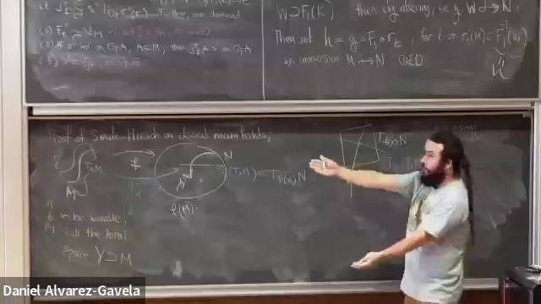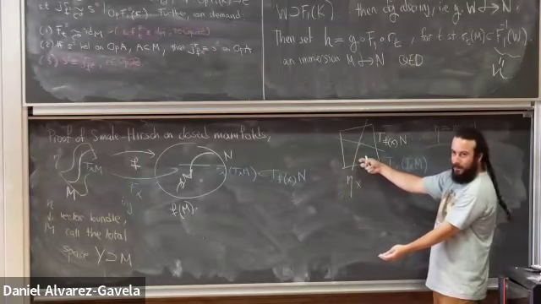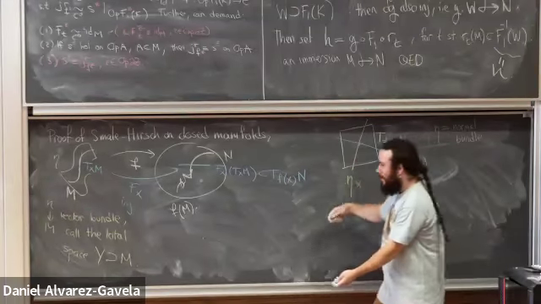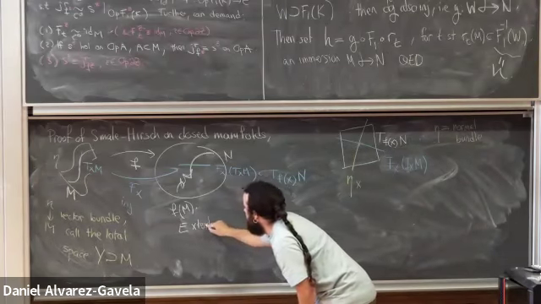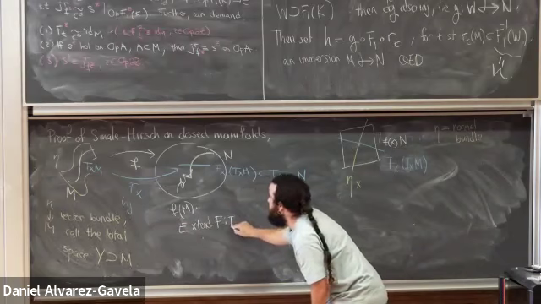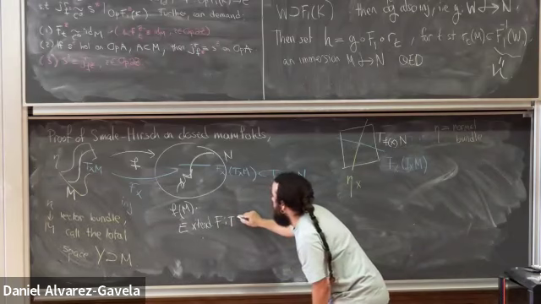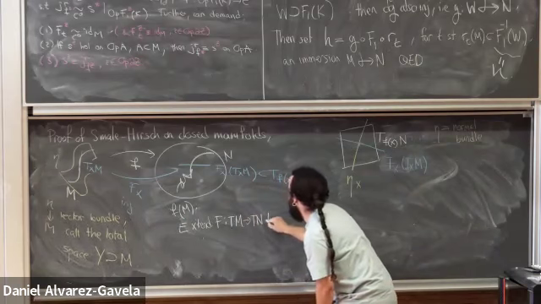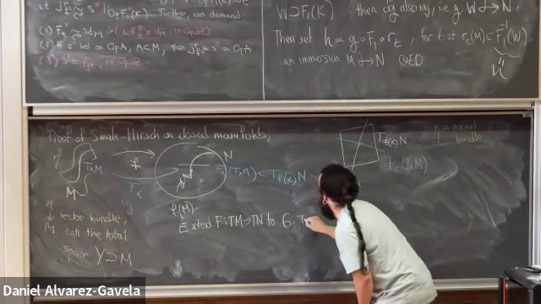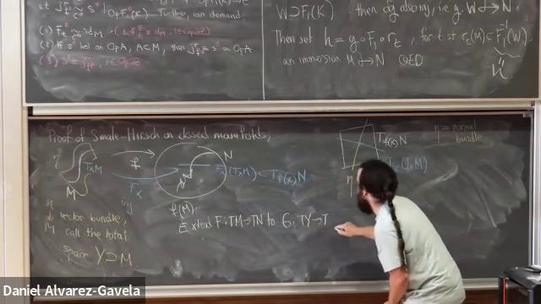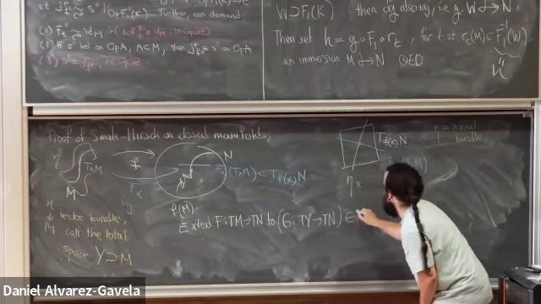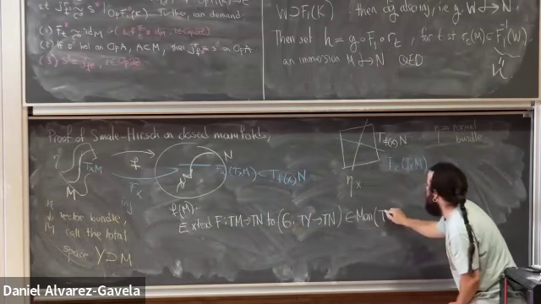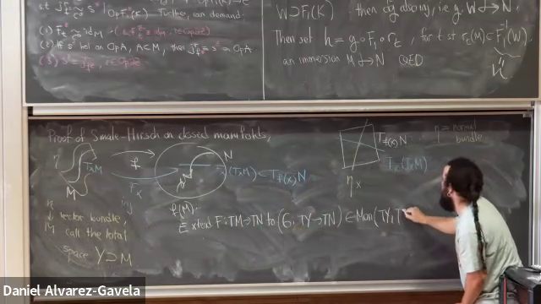I have to extend it to eta, and I can extend it by the identity. Okay, so you can extend F from TM to TN to, let's say, G from TY to TN. And this is a monomorphism from TY to TN.